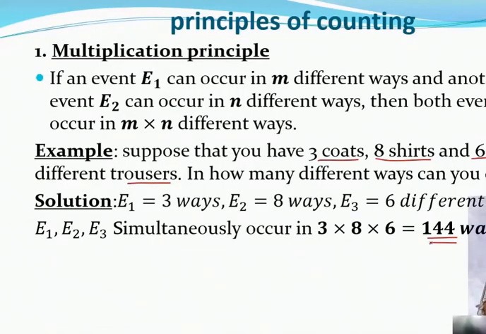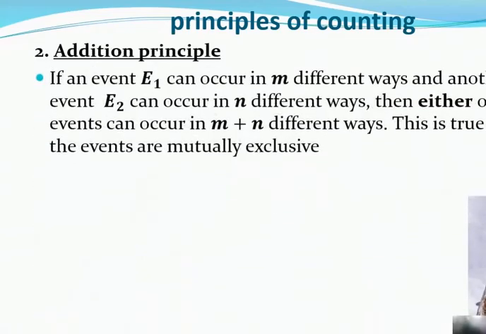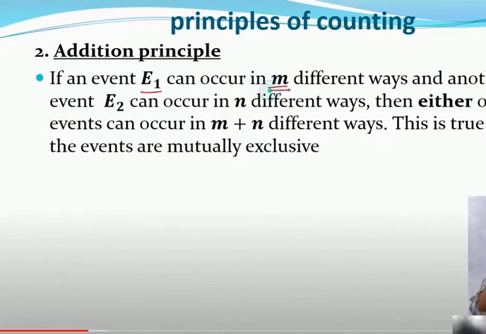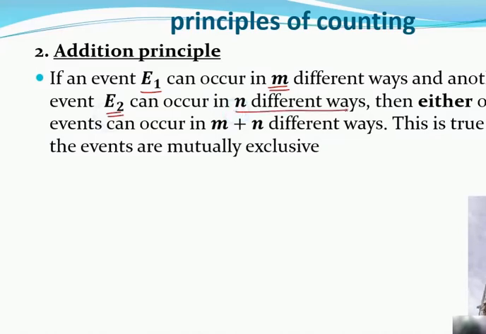Okay, now let's see the second principle of counting, the addition principle. If an event E1 occurs in m different ways and another event E2 can occur in n different ways, then either of the events occurs in m plus n different ways.